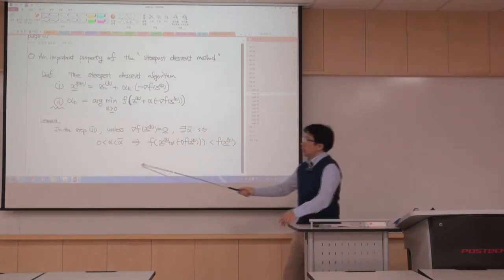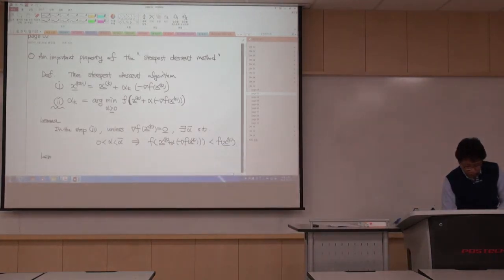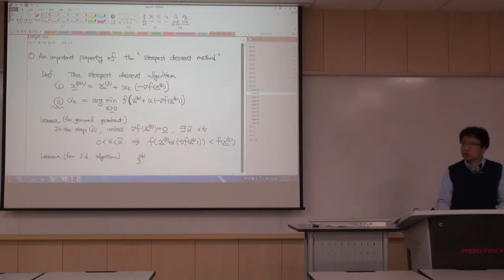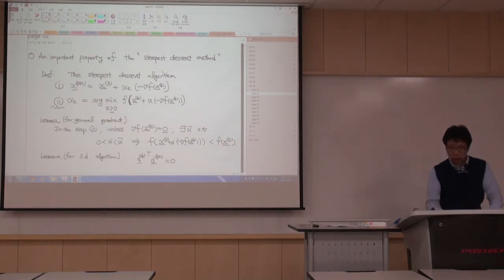Okay. And another interesting property, now this one is for general gradient algorithms, and this is for steepest descent, is that your kth search direction and k plus 1th search direction are always orthogonal.